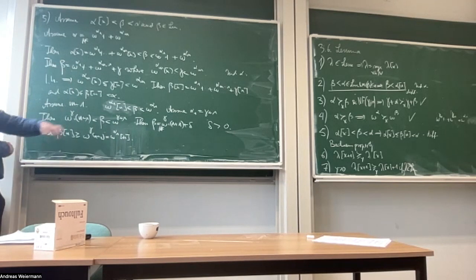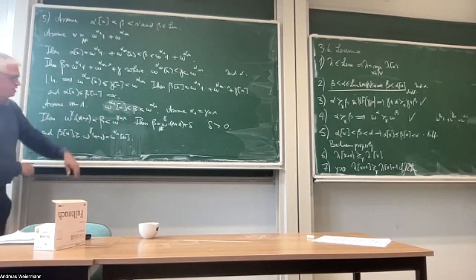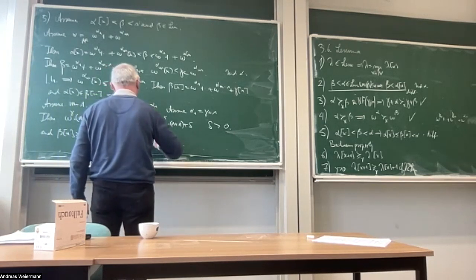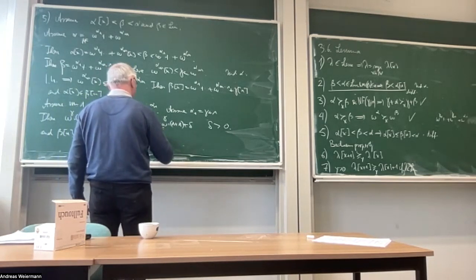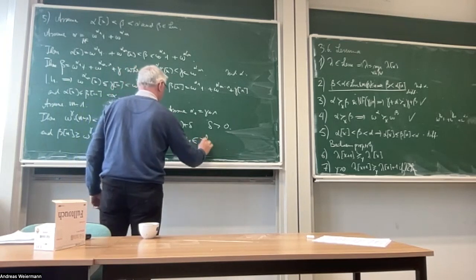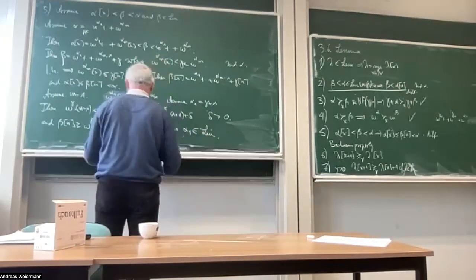So we reduce to the case where alpha 1 is the limit. So finally, alpha 1 is the limit at this time.